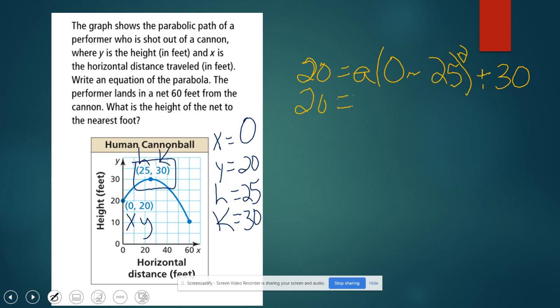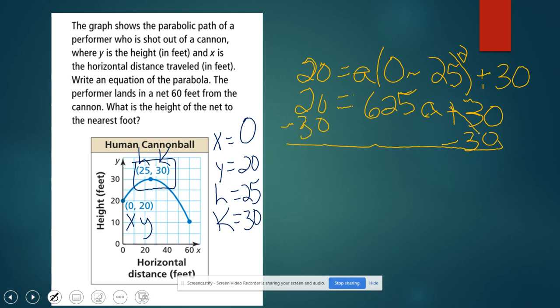So if I do 0 minus 25 and then square it, I have 625A plus 30. Subtract 30 from both sides. You have negative 10 is equal to 625A.